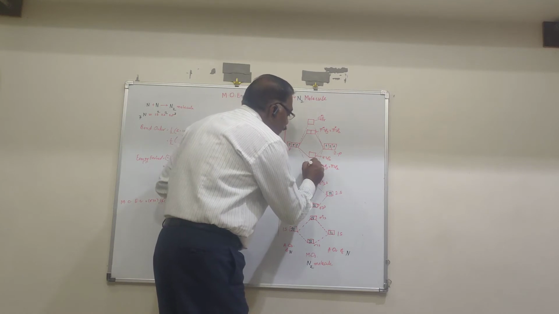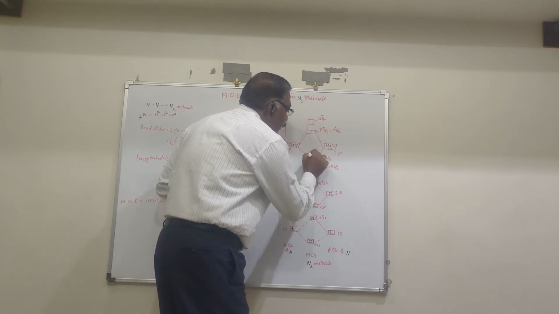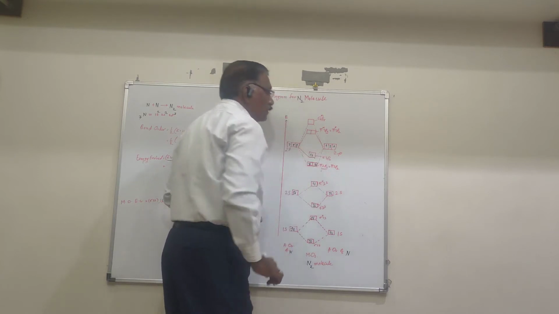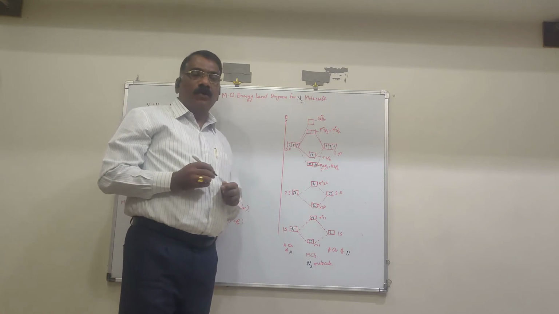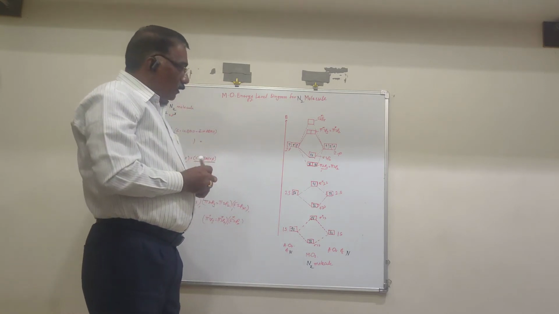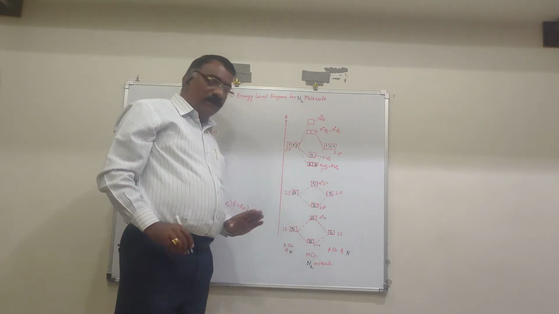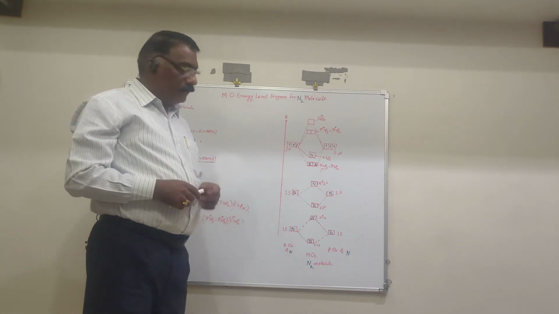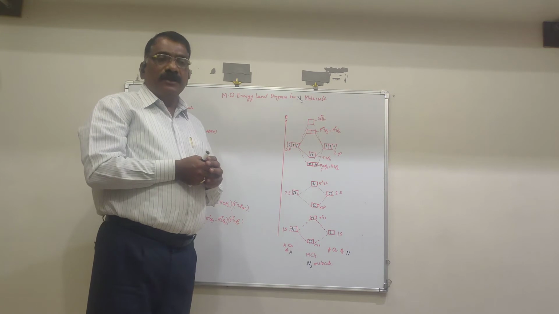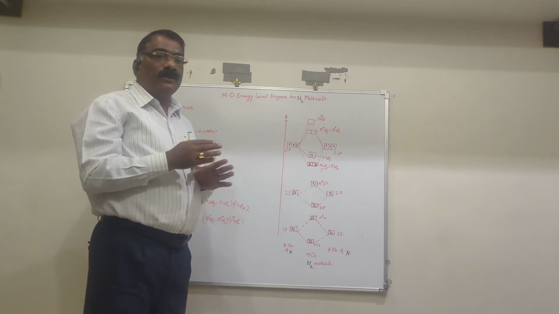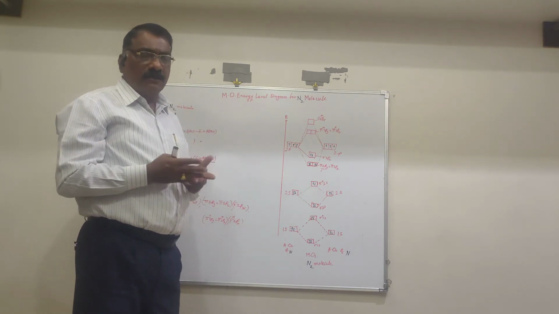So here there are 6 electrons, 1, 2, 3, 4, 5 and 6. The rest remain unoccupied. Thus electrons enter the molecular orbitals, and this is the molecular orbital energy level diagram. Now we are going to see whether this molecule can exist or not.